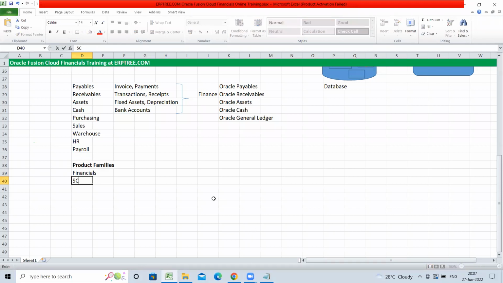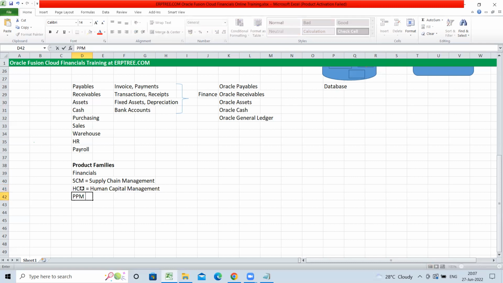Like financials, we have other product families also. We have SCM, supply chain management applications. We have HCM, human capital management applications.